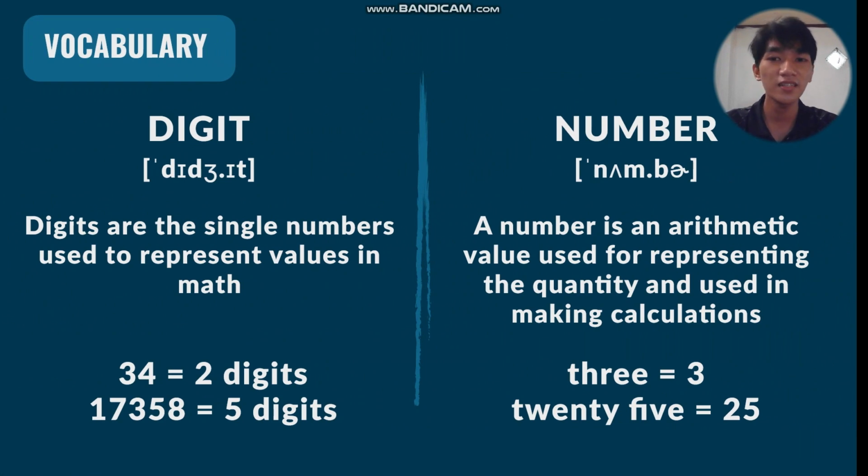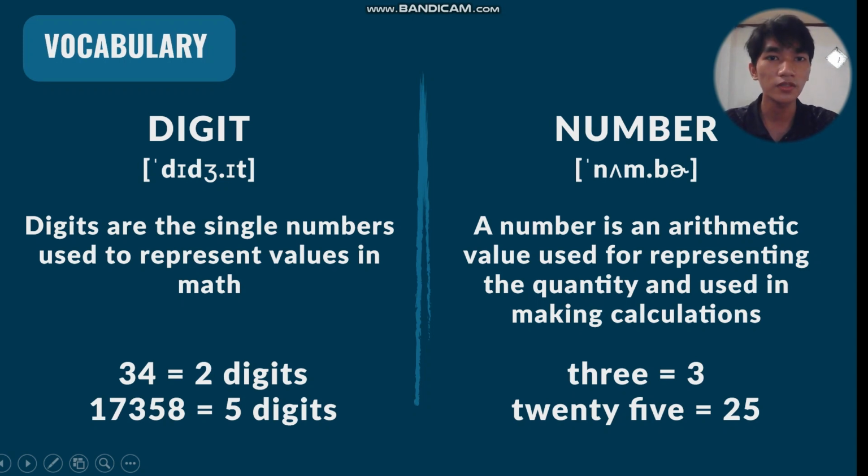The next vocabulary is digit. Digits are the single numbers used to represent values in math. For example, 30 and 34 have two digits, and 17,350 has five digits.